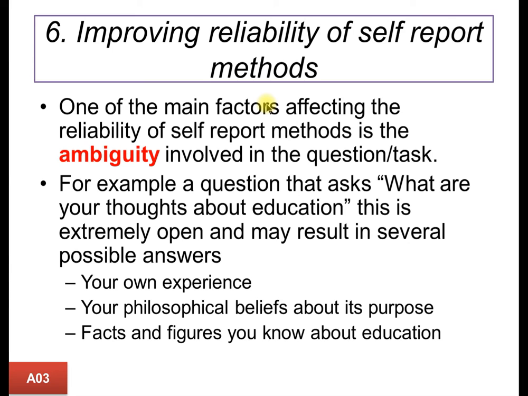This is hugely open-ended, and you may get wildly varied results. What do you mean by thoughts about education? Your own thoughts about your own education, other people's education, your children's education, the philosophical nature of the purpose of education, facts and figures, what's happening right now.